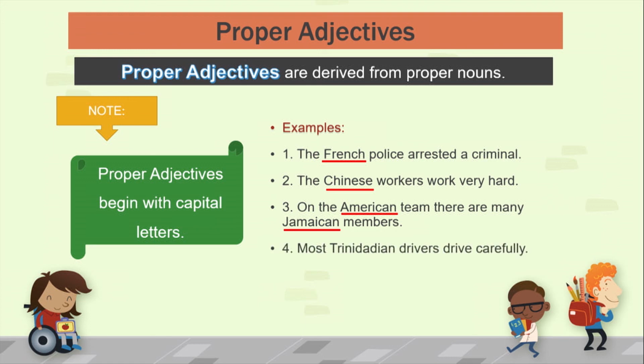Finally, most Trinidadian drivers drive carefully. What's the adjective there? That's correct, Trinidadian. And one more. You do this one. The Spanish class was very interesting. What's the noun? And what's the proper adjective describing that noun? It's the word Spanish.